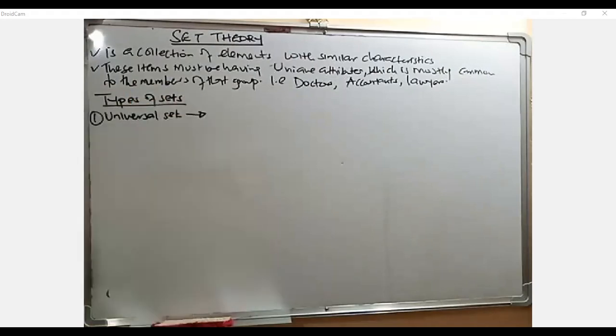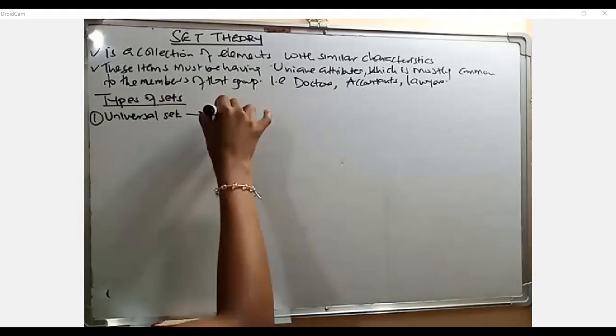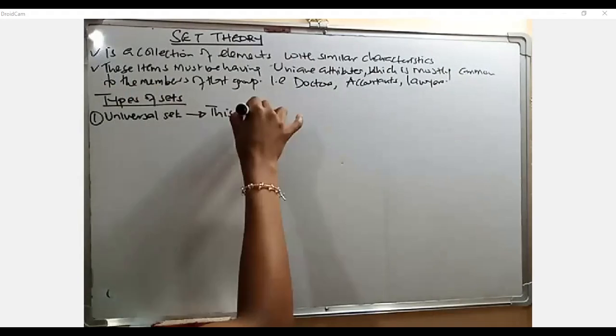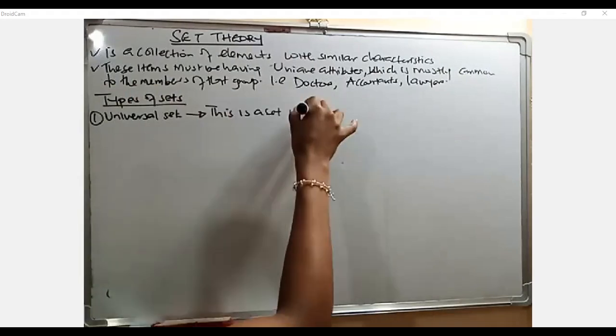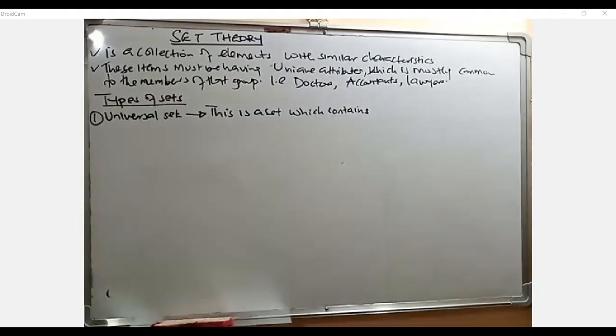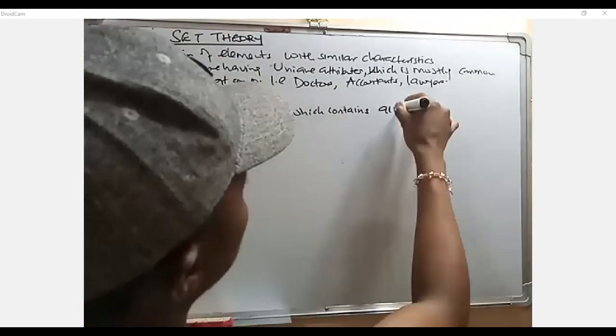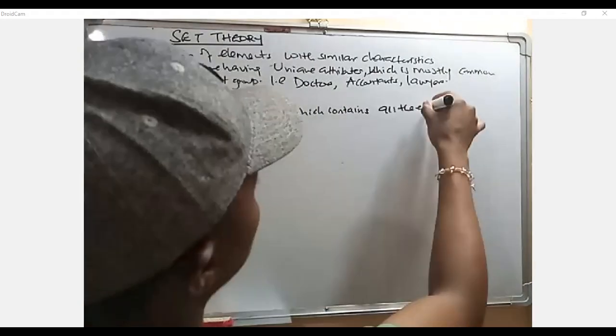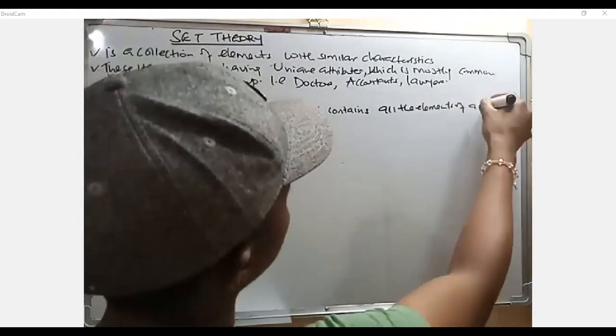When you talk about the universal set, it is a set which contains all the elements of a given population.